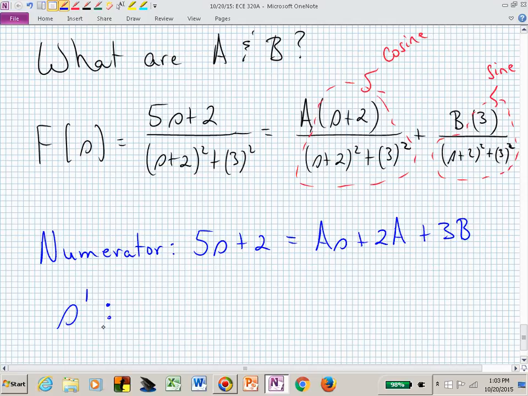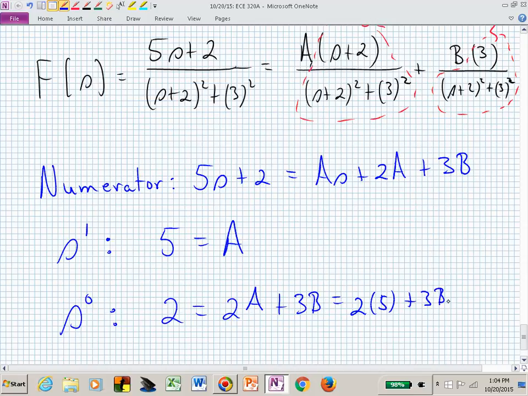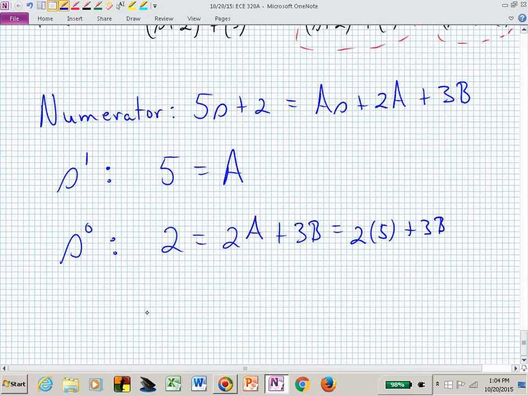And if we look at the coefficients of the linear term in s, we can see that immediately we found A. And if we look at our constants, we now find that we have B equal to minus 8 over 3.